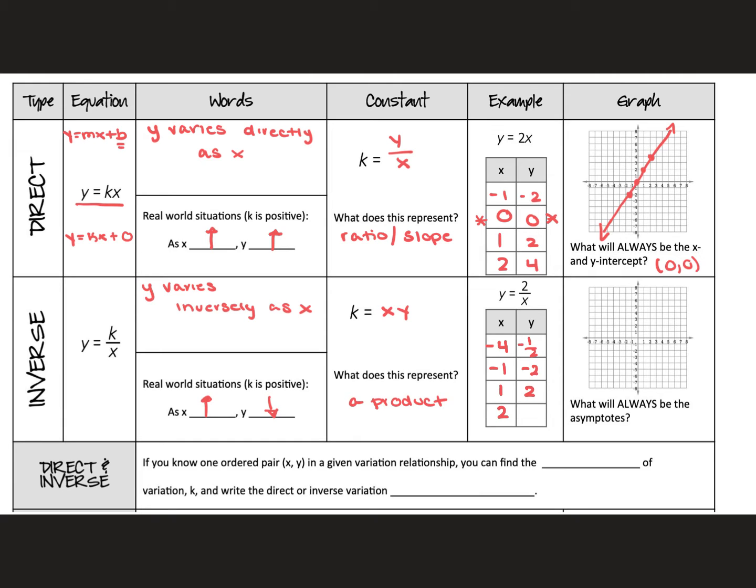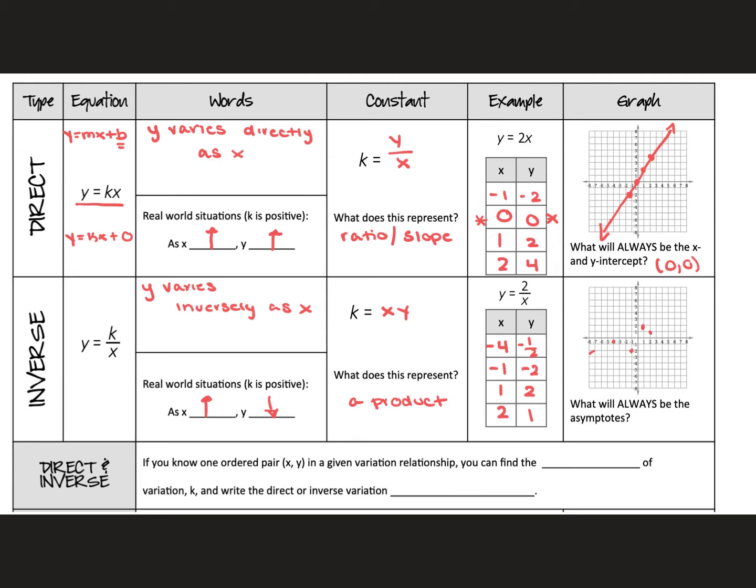And when I plug in 2, I'm going to get 1. Let's go ahead and plot these points. So we have -4, -0.5, which is going to be about right here. We have -1, -2. We have 1, 2. And we have 2, 1.